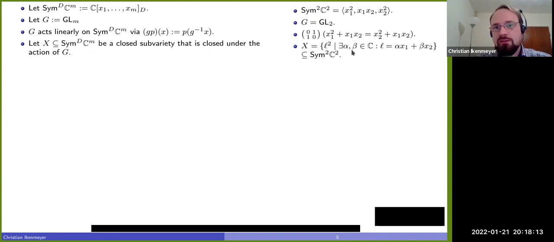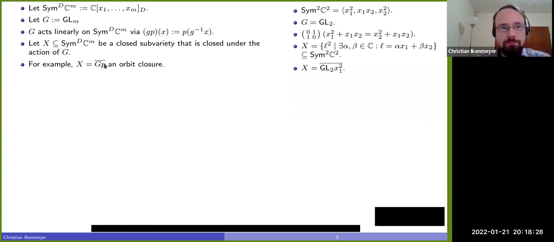So there exist some coefficients alpha and beta such that the linear form is equal to alpha x1 plus beta x2, and this is our X. But in GCT, we're oftentimes interested in the case where this is an orbit closure, where you take your group and apply it to your polynomial P in all kinds of ways, and then in the end you take the Zariski closure of that. Here in this case, it would be GL2 acting, and your point is just x1 squared, and you're moving x1 squared around. This will exactly give you this set here. You get all the linear forms squared.